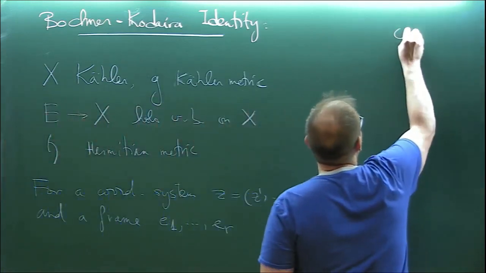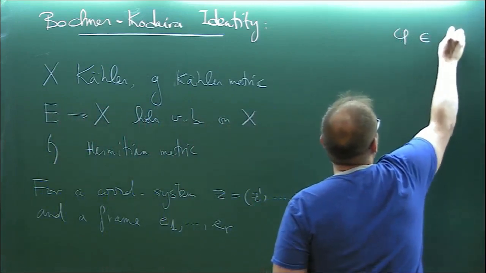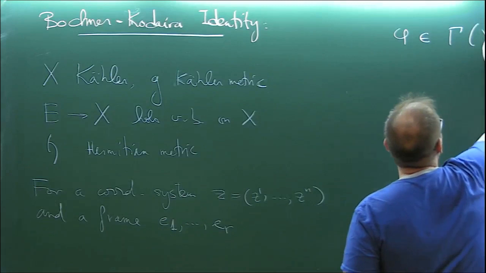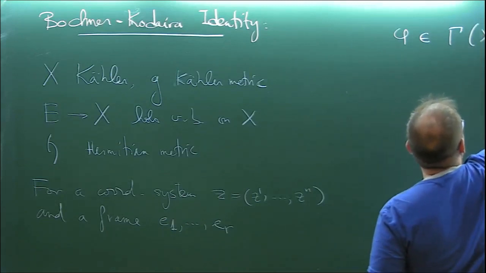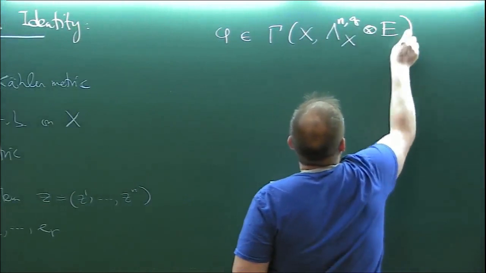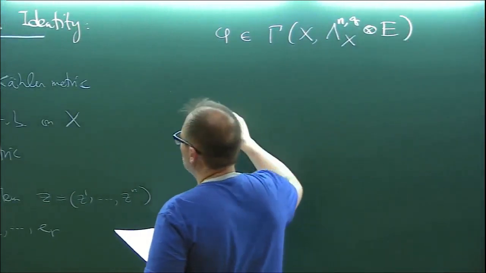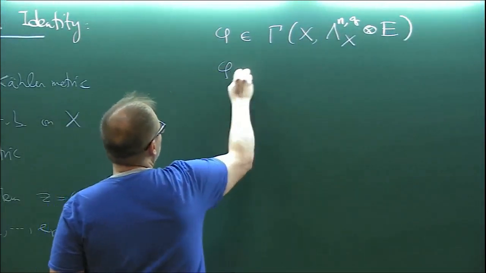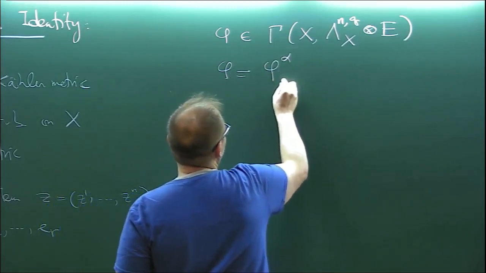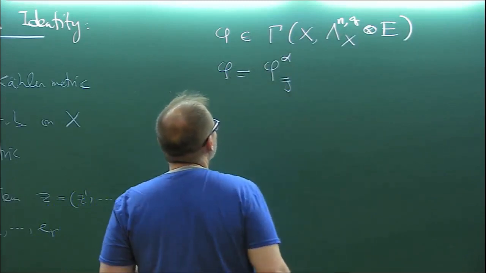If we've got a differential form phi, a twisted differential form with values in E, so we're going to work on (n,q) forms, then we will express this differential form as a collection of functions, phi alpha j bar.